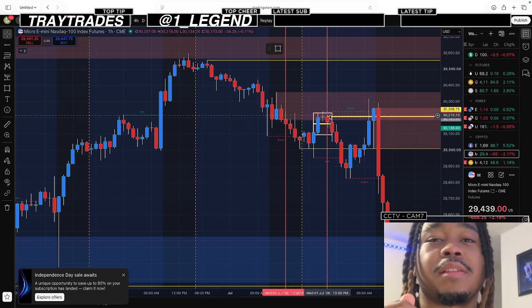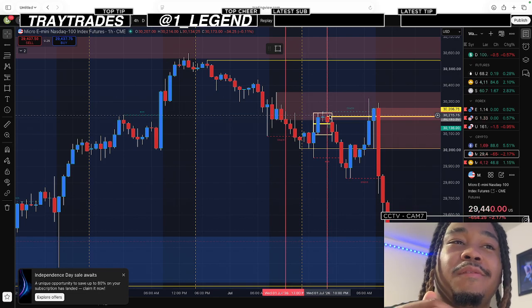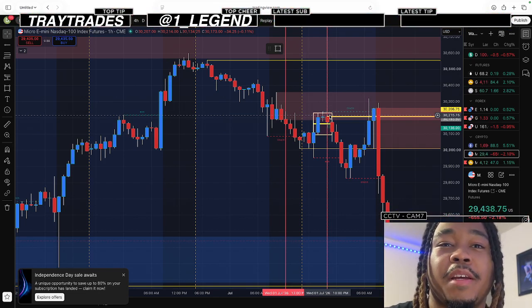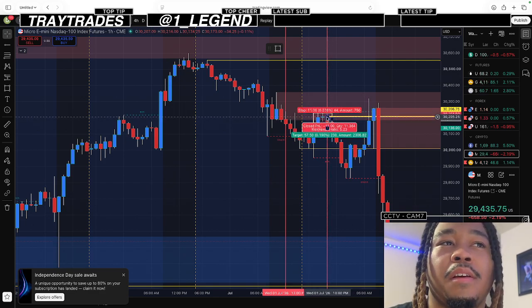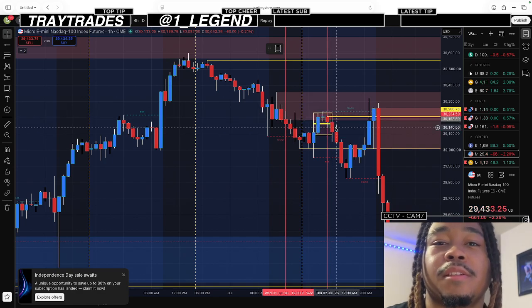The longer price sits above the open, the more it needs to get from that range, if that makes sense. It needs to go to the bottom. So if it opens here and price breaks above, it needs to get to the bottom.